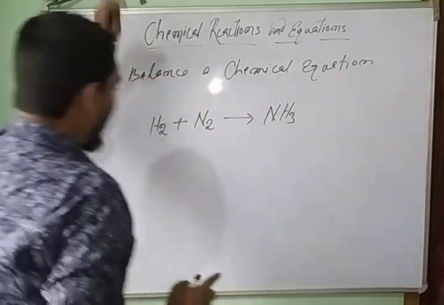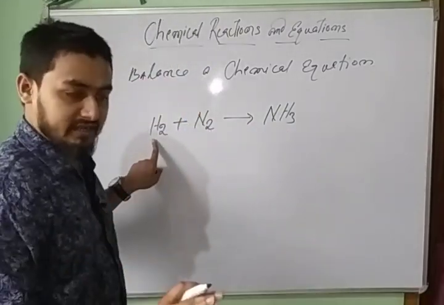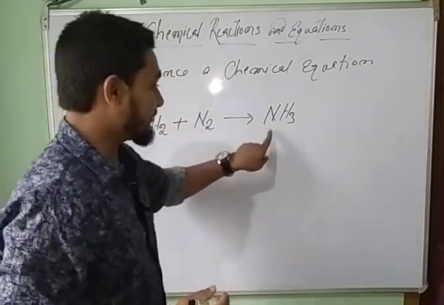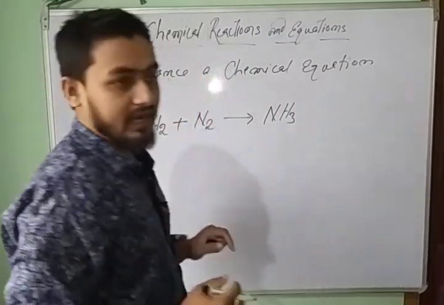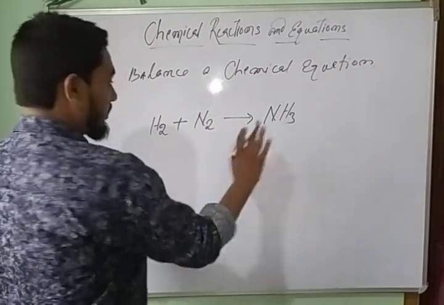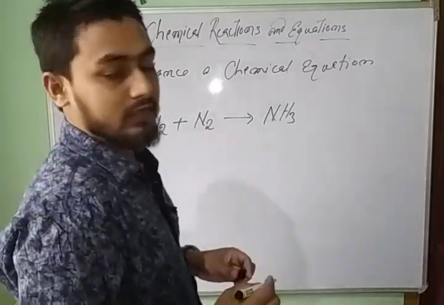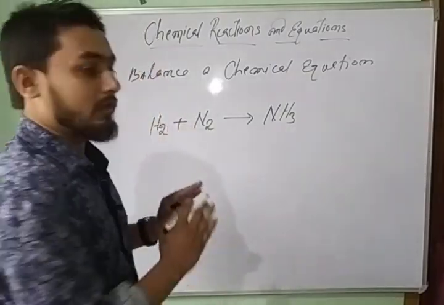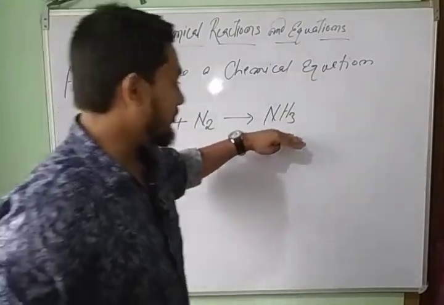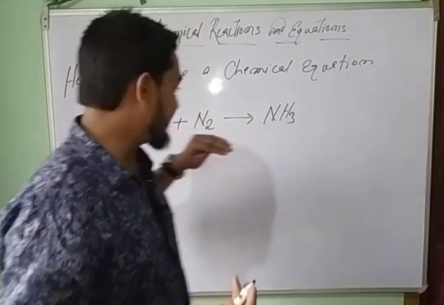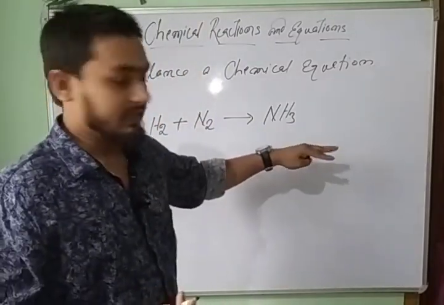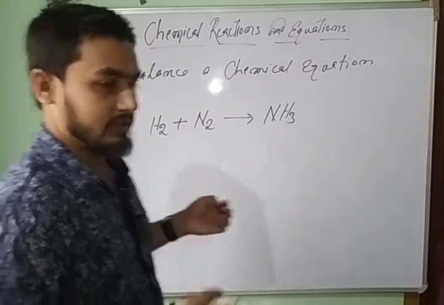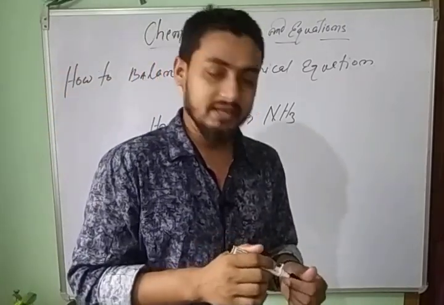So simply we write the chemical formula of hydrogen, the chemical formula of nitrogen and the chemical formula of ammonia. And this type of equation is called a skeletal equation, where only the chemical formula of the reactant and the chemical formula of the product is mentioned. No physical state is mentioned in this type of chemical equation. So it becomes necessary to balance a chemical equation.